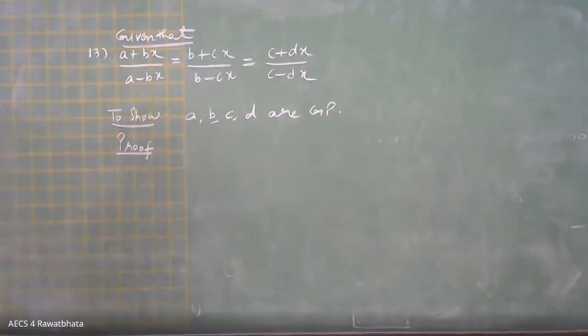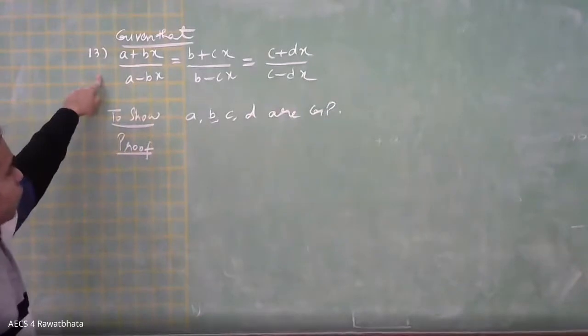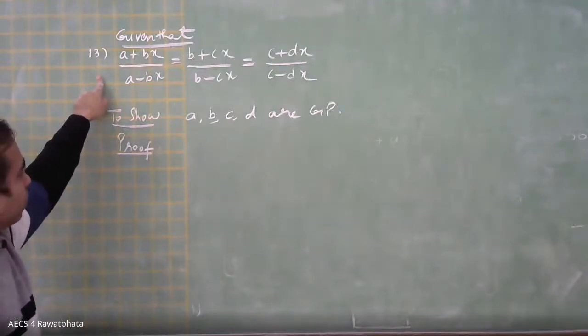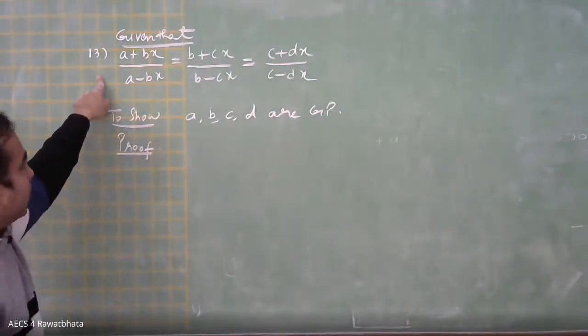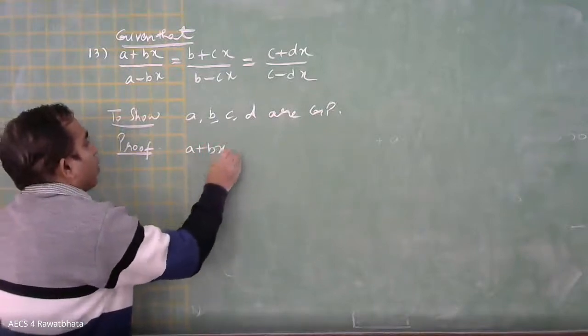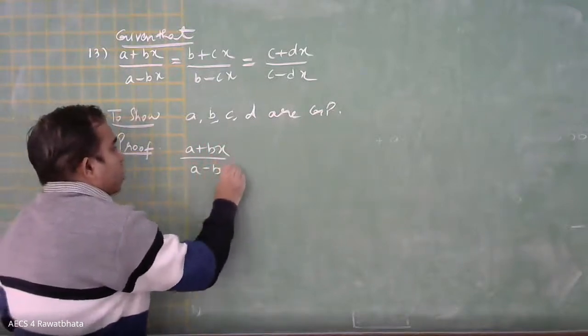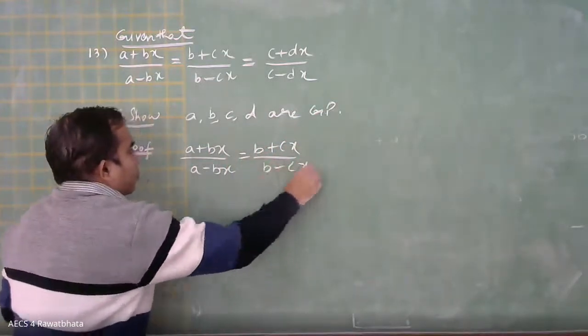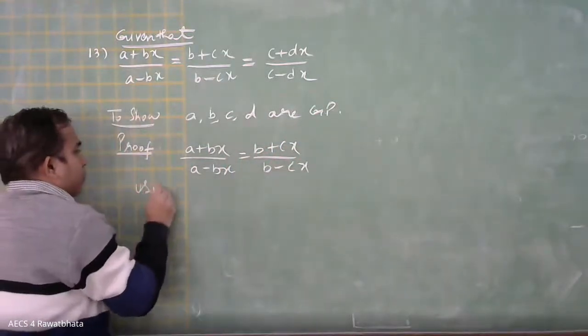Students, this information is given. So what to do from this? You remember one method we used, componendo and dividendo. Let us use that method. Given that a plus bx whole upon a minus bx is equal to b plus cx whole upon b minus cx.